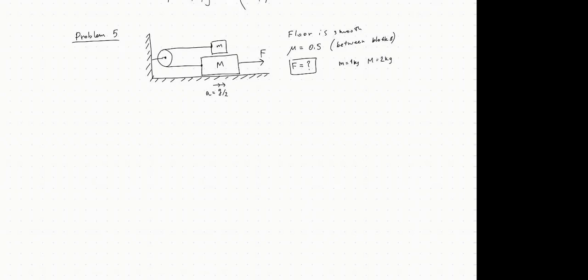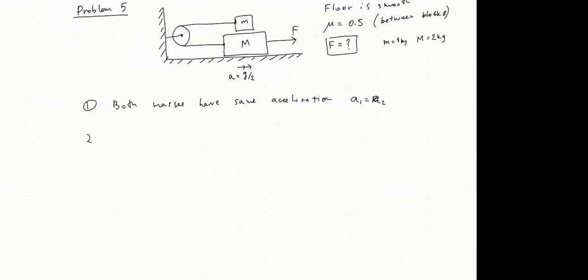So first, both masses have the same acceleration. That means a1 is equal to a2. Secondly, I write the top block.